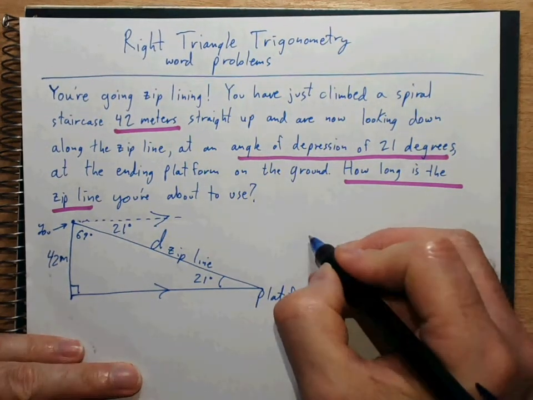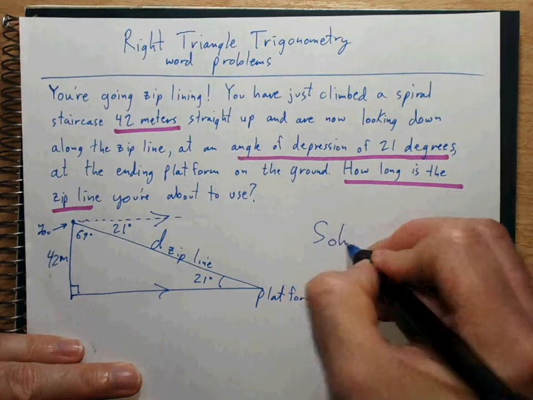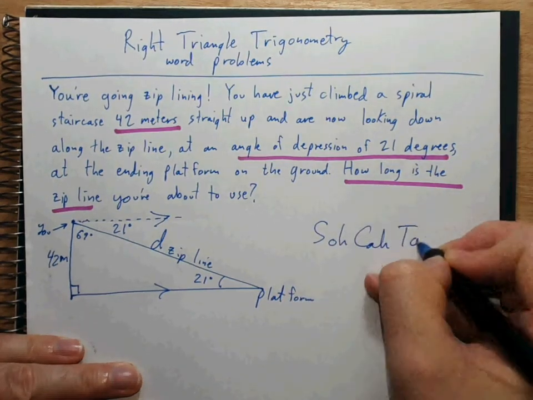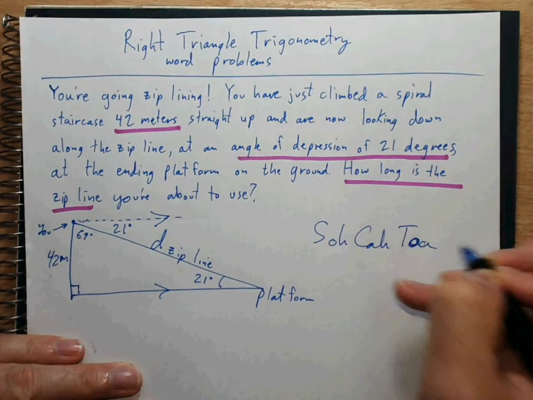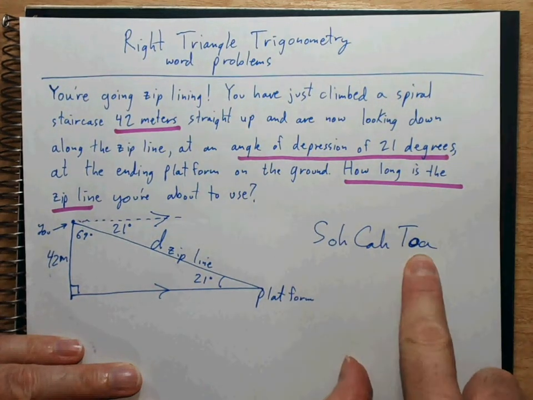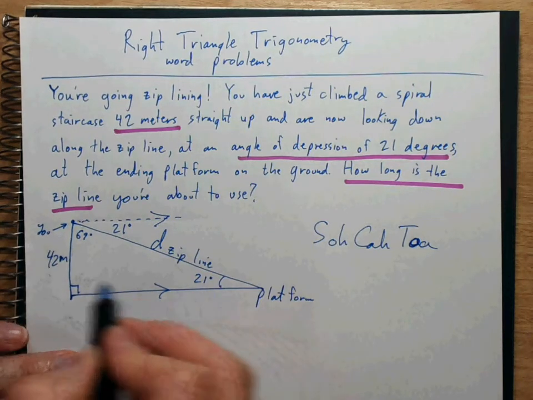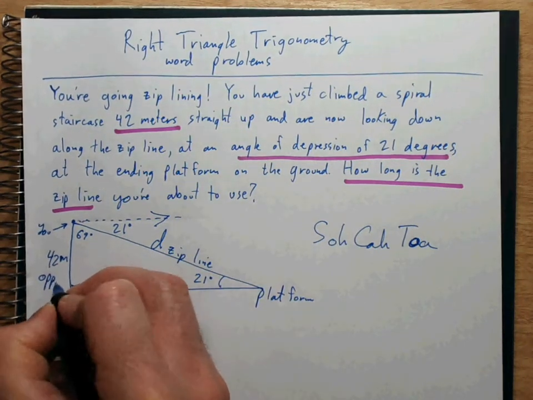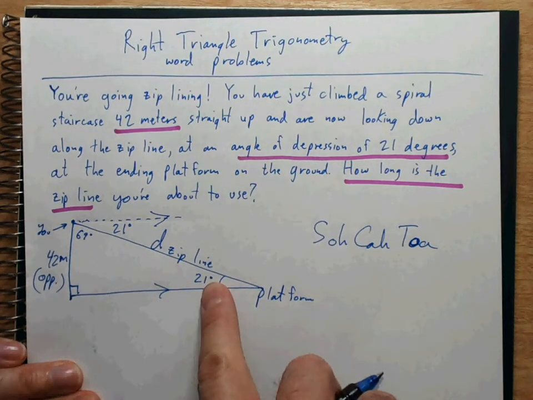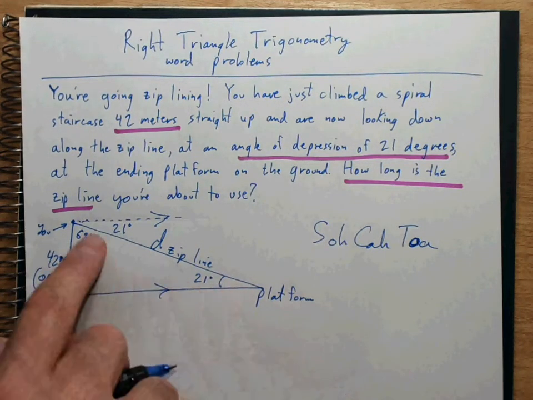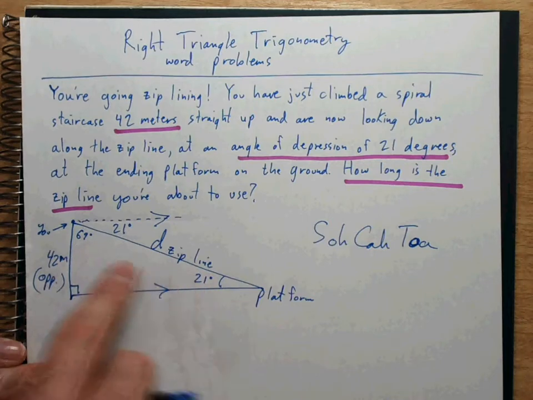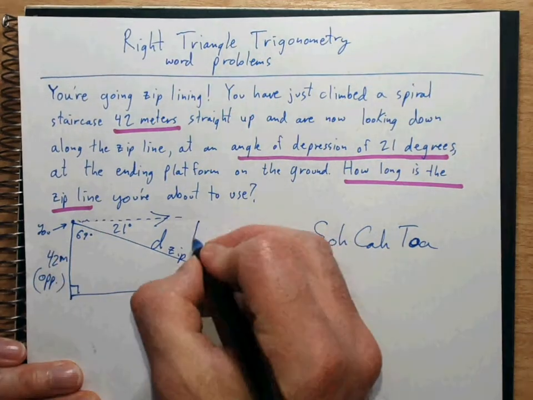Well, I like to write down SOHCAHTOA. Okay, SOHCAHTOA. From 21 degrees, okay, this is the opposite side. It's the side not touching the angle. And from 21 degrees, this is the hypotenuse. Actually, it doesn't matter which angle we use. This is always the hypotenuse.